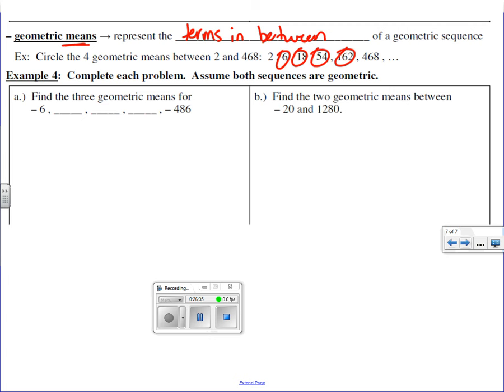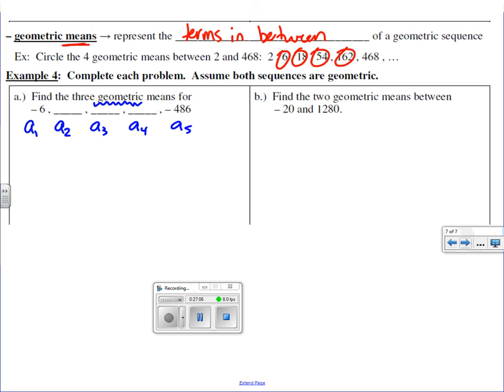Okay, down here. Find the 3 geometric means for -6 to -486. Have they already done 3 blanks? So they've already set it up. What do I label -6? A1, then A2, A3, A4, A5. Okay. Keyword is geometric. So I'm using this formula right here.